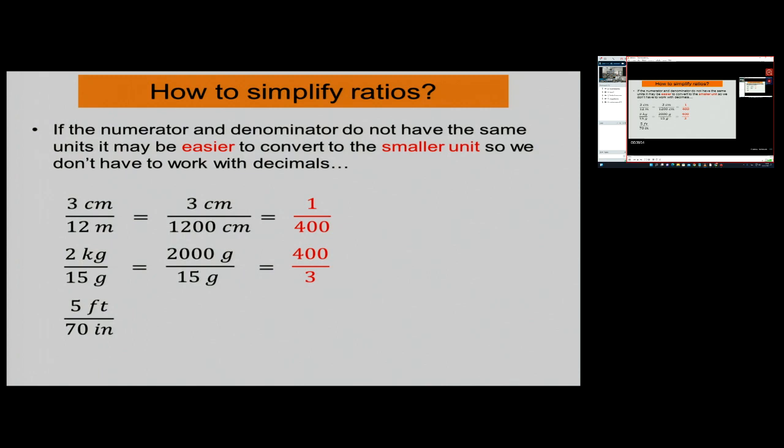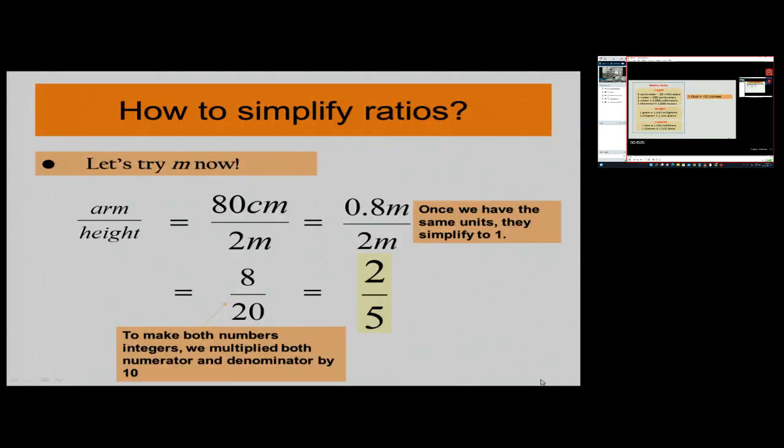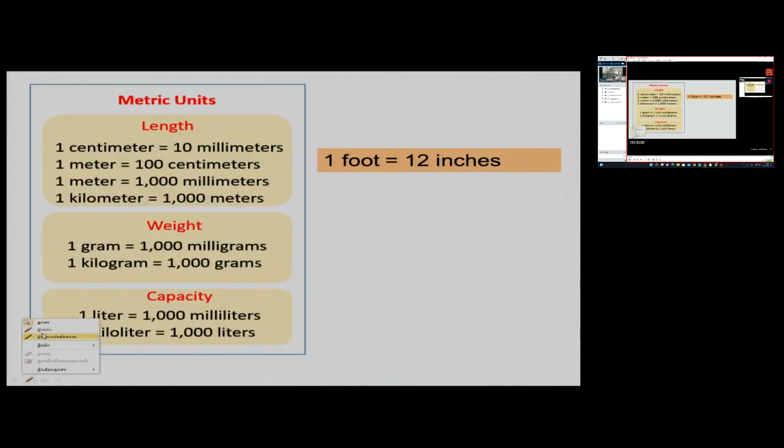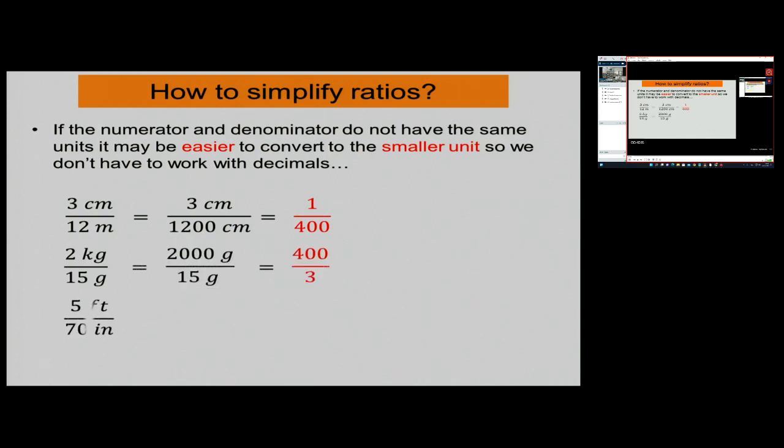12. So what would be the ratio? The answer will be, again, I put it here, right? 1 foot is equal to 12 inches. Okay? So if you have that, the answer is 60 inches over 70 inches.